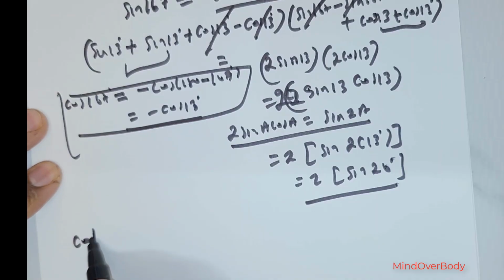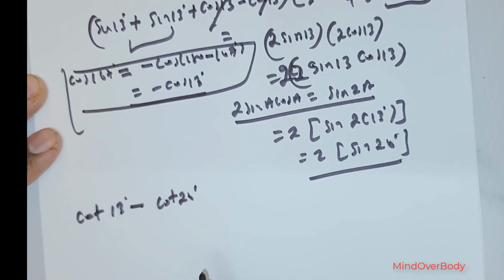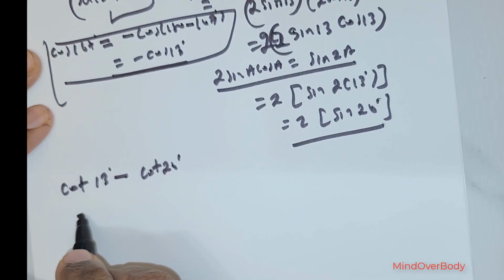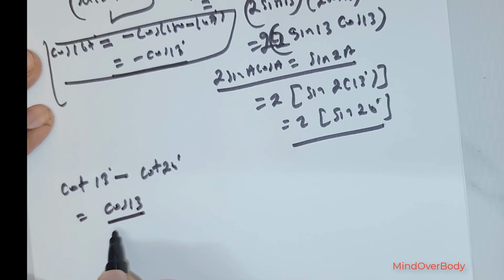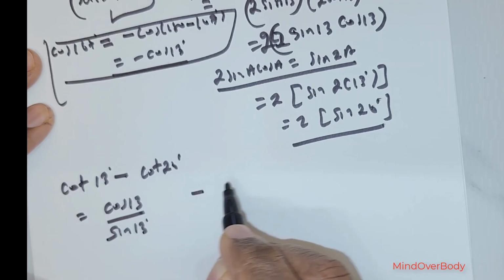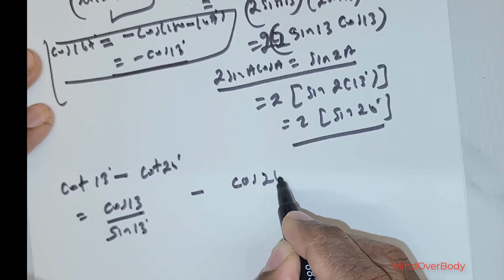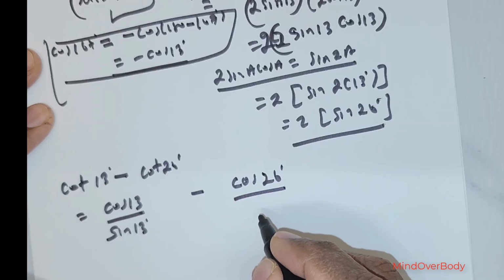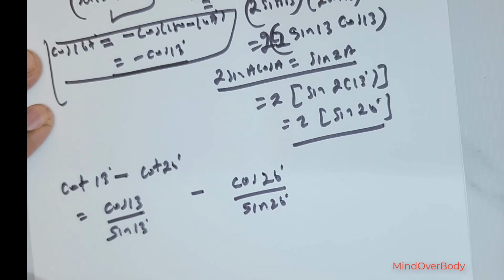So this is cot 13 degrees minus cot 26 degrees. I'm going to rewrite this as cos 13 degrees divided by sin 13 degrees, followed by cos 26 degrees divided by sin 26 degrees.